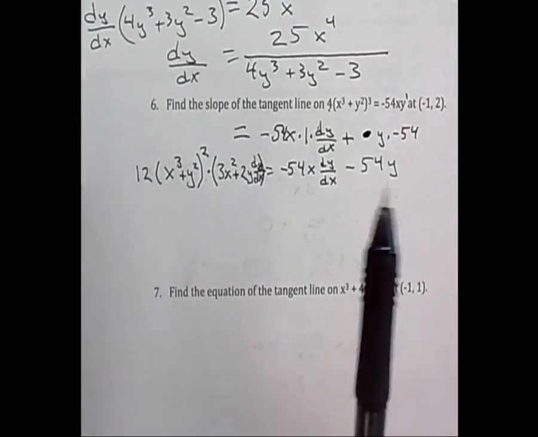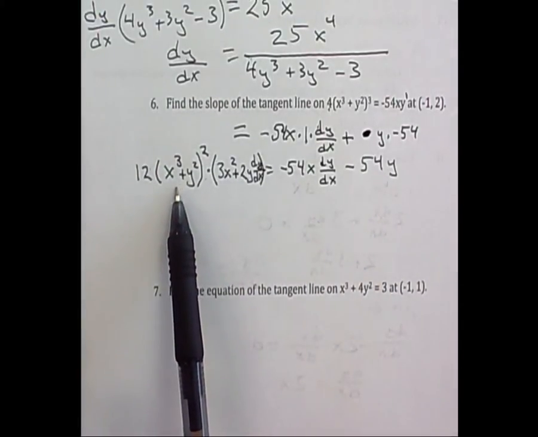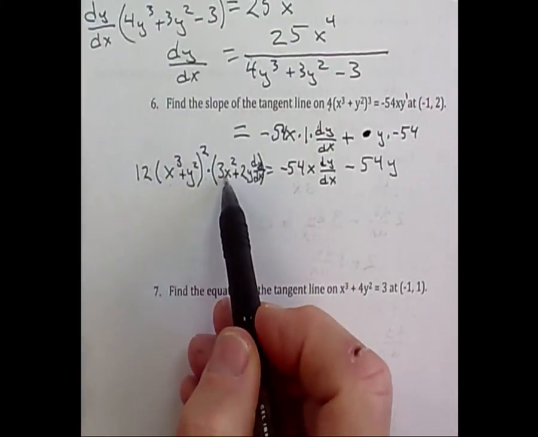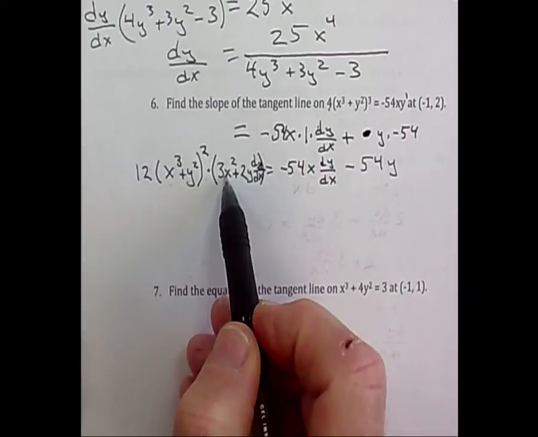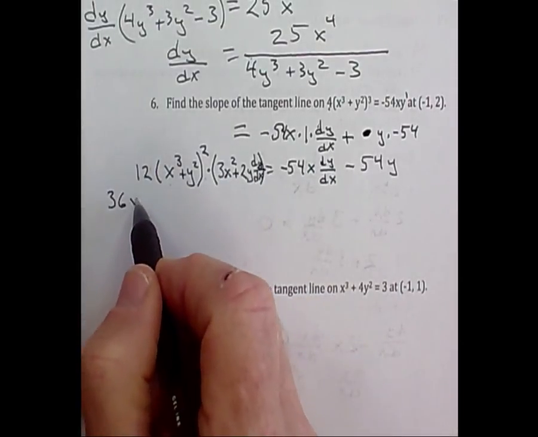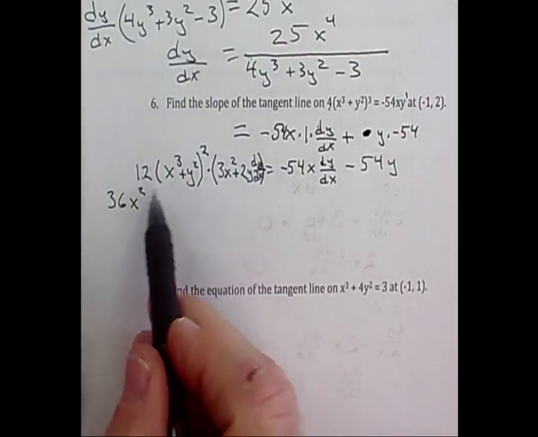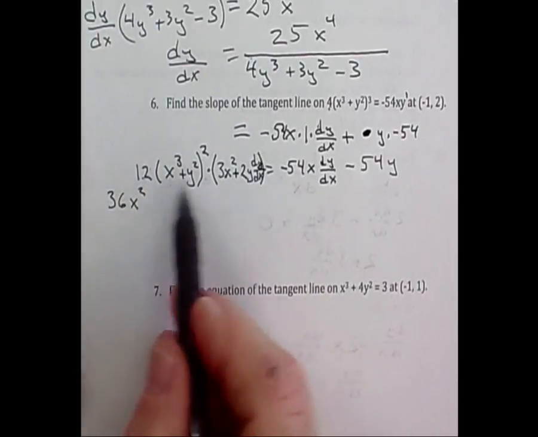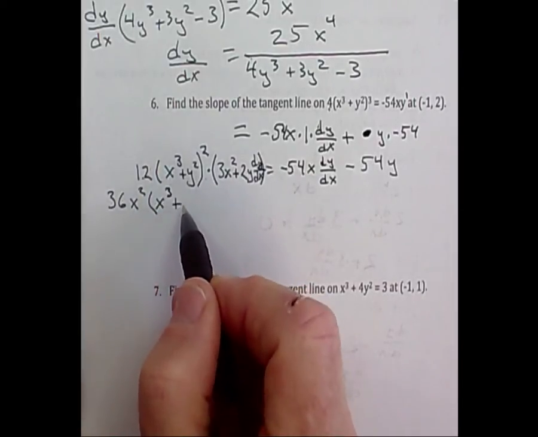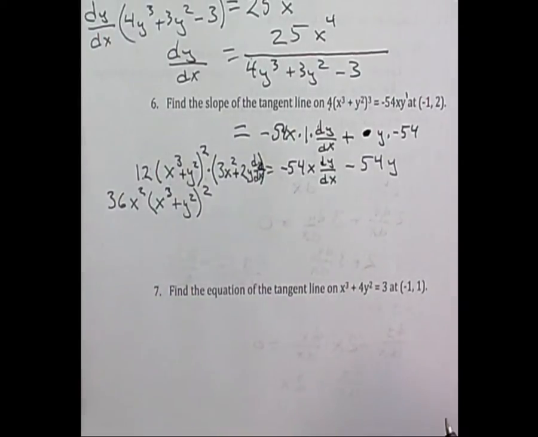I think multiplying through is a good idea, but I don't want to multiply that out because it's going to get really, really bad. So I'm going to take all of this times that term. Would you agree I get 36x squared? That's 12 times 3x squared. And then I'm going to leave this like this, because I'm just going to put numbers in there anyway.